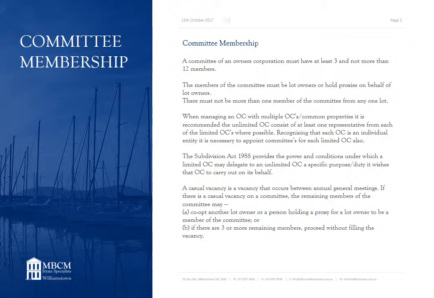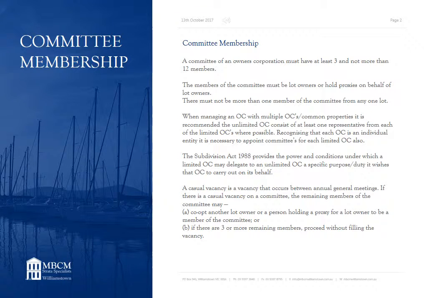Recognising that each OC is an individual entity, it's necessary to appoint a committee for each of these OCs also. The Subdivision Act 1988 provides the powers and conditions under which a limited OC may delegate to an unlimited OC a specific purpose or duty it wishes that the OC may carry out on its behalf.